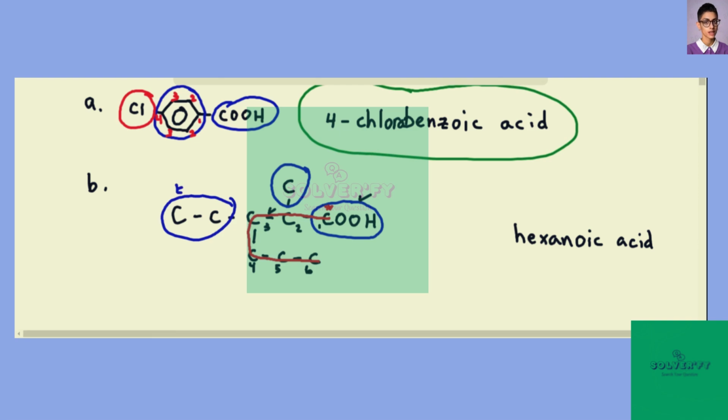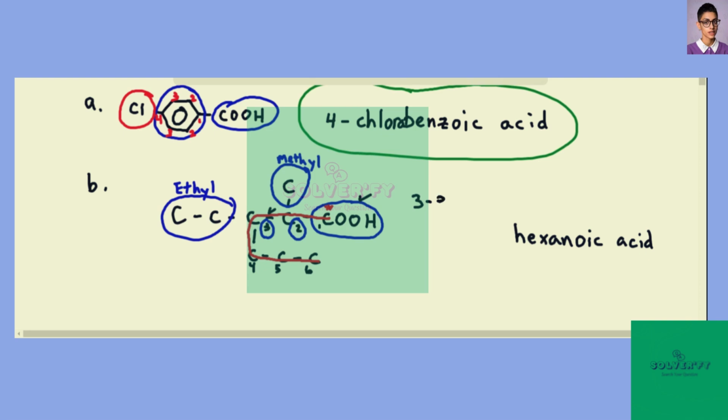2 carbons, we know the prefix is eth. And since it's a substituent coming off here, it's going to be an ethyl. And 1 carbon is meth, so this is going to be a methyl. And then we just need to supply an address. The methyl comes off the 2nd carbon, the ethyl comes off the 3rd carbon. We know that we have to put these in alphabetical order, so we're going to write the ethyl first.